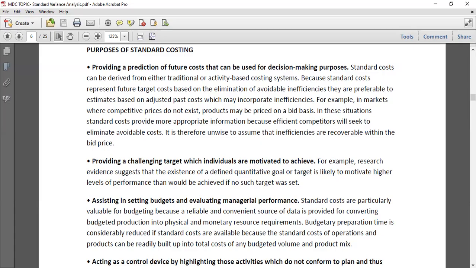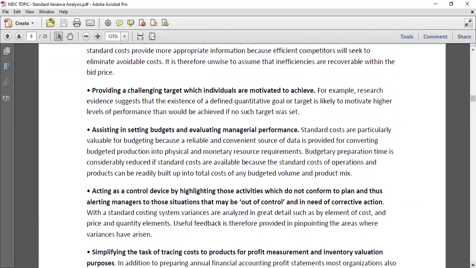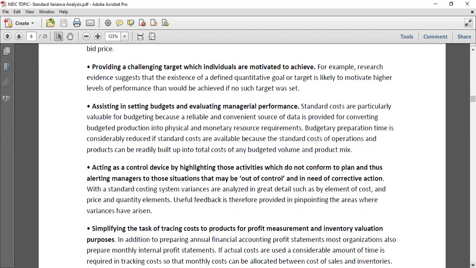And then we proceed to the standards act as a control device by highlighting those activities which do not conform to plans. Remember, when we set standards, there's also what we call the standard variance analysis. Management is able to do a standard variance analysis between what it set and what it has actually achieved.